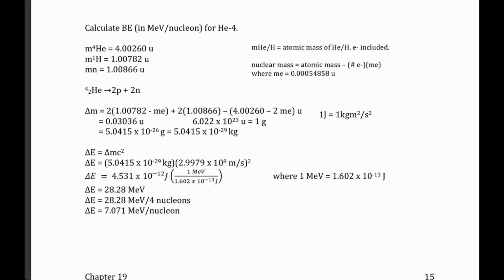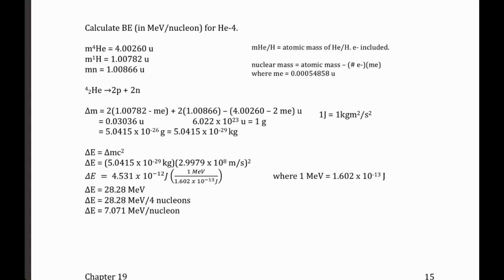The mass of the helium-4 is given to us as 4.00260 U, where U is the atomic mass unit.